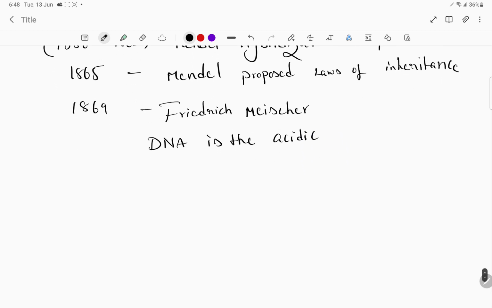DNA is the acidic substance in the nucleus, and he is the one who named it as nuclein.